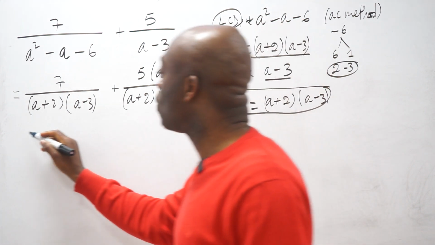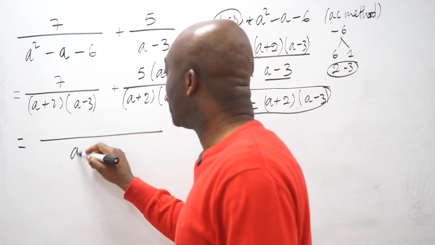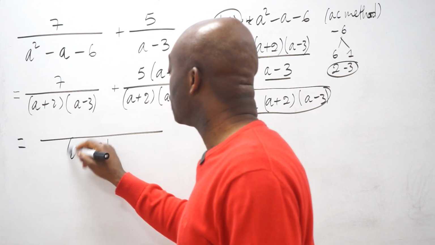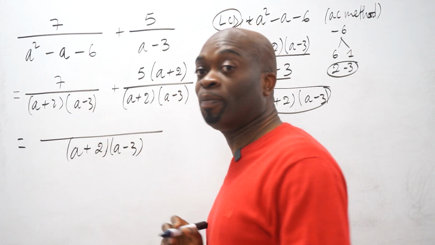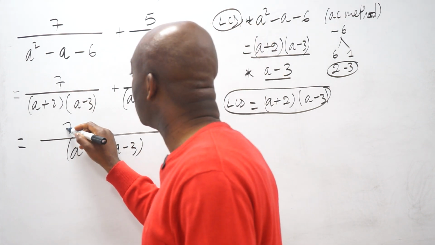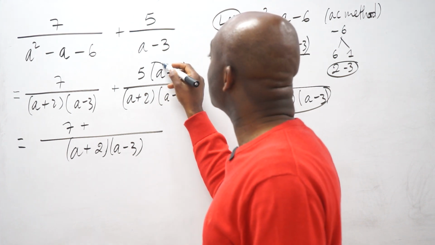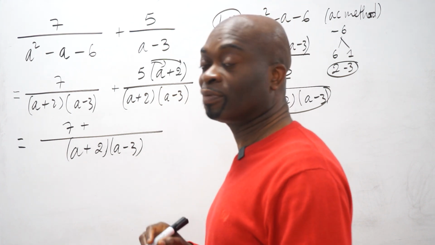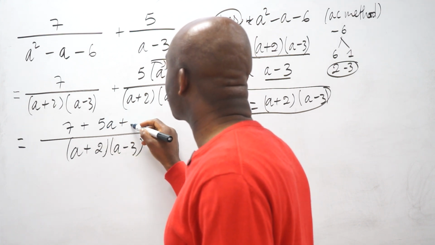All right? Once you get that, you have a plus 2 times a minus 3 as your lowest common denominator, and now you combine the top expressions. That will be 7 plus 5 times a, 5 times 2, which will give us 5a plus 10.